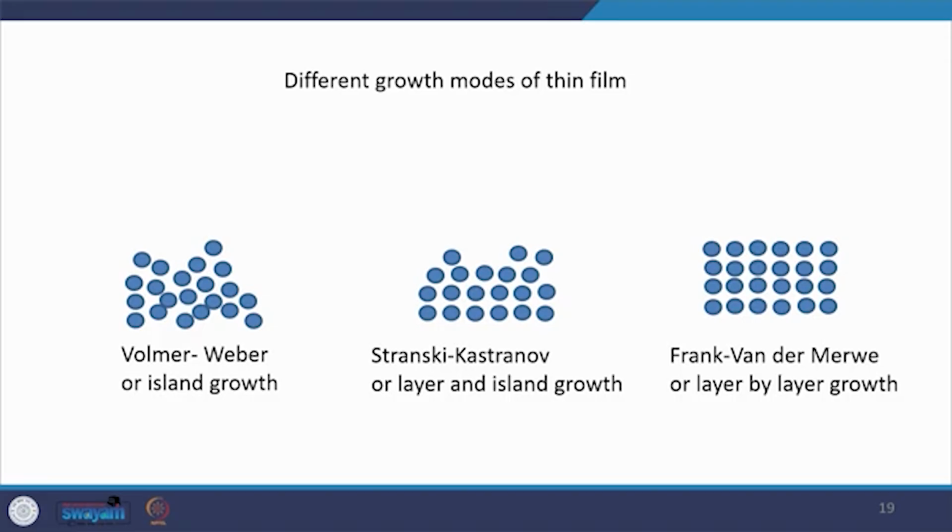Initially you can see there is layer by layer growth, and on the top there are islands. All these types of growth mechanisms one can find while growing thin films.